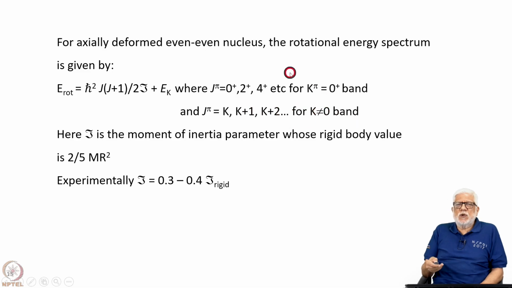This happens because of the symmetries involved in the nucleus, and the 𝓙 is the so-called moment of inertia parameter.